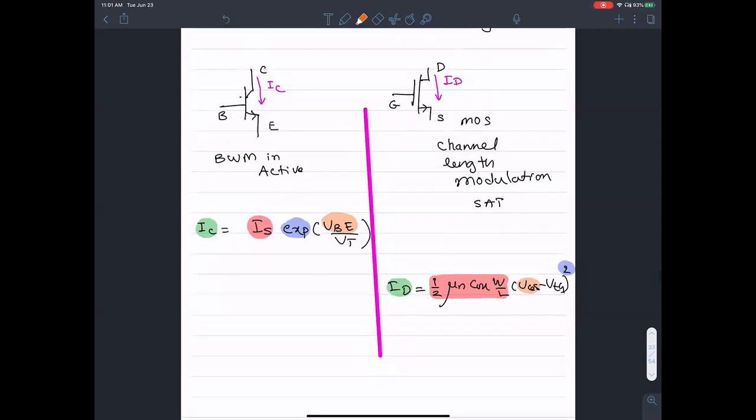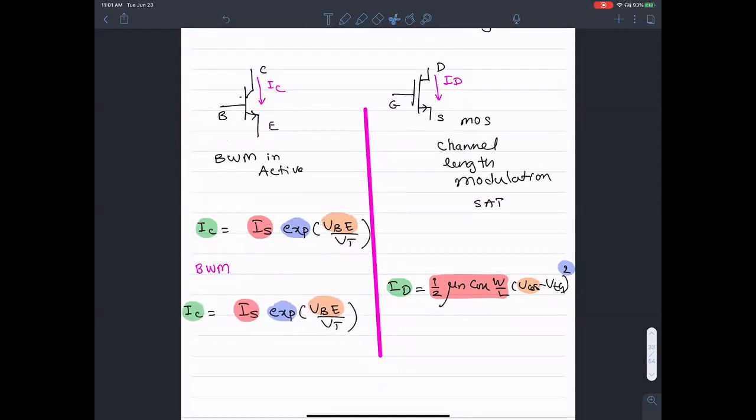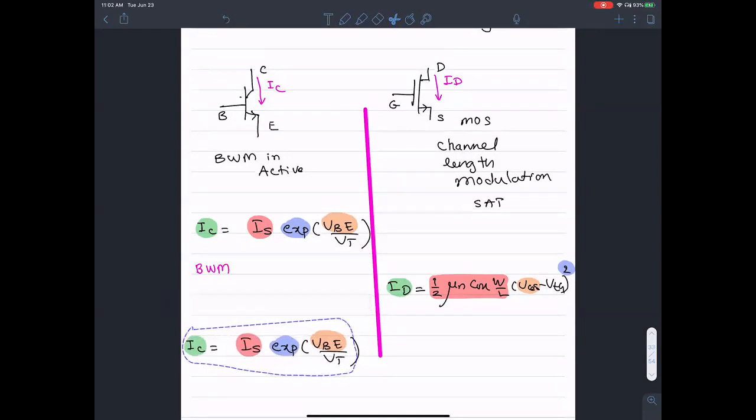There is that point, but the idea that you want to remember is that the way you incorporate the base width modulation here is to include all of this and simply multiply that by the early voltage term, 1 plus lambda VCE.